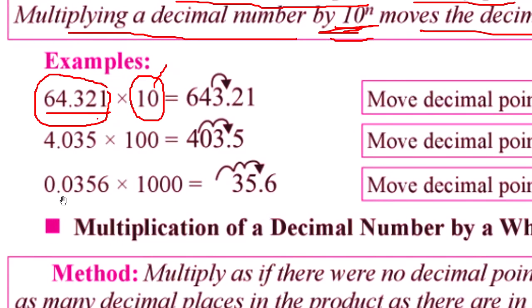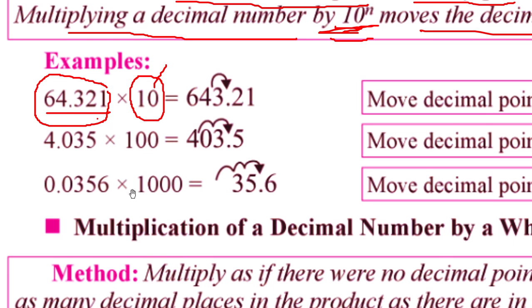Or you have like this example, 0.0356 into 1000. You are multiplying with 1000. Multiplier is 1000 here. 3 zeros it is having. So you have to move the point 3 places towards right. So 1, 2, 3. Means after 5 you have to keep the point.